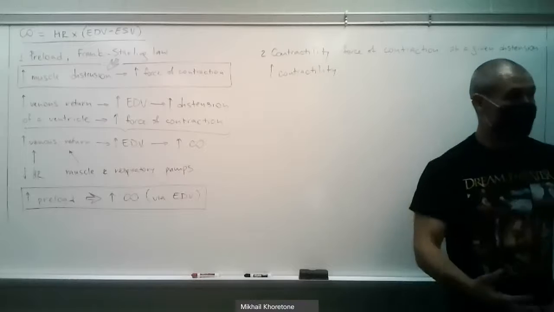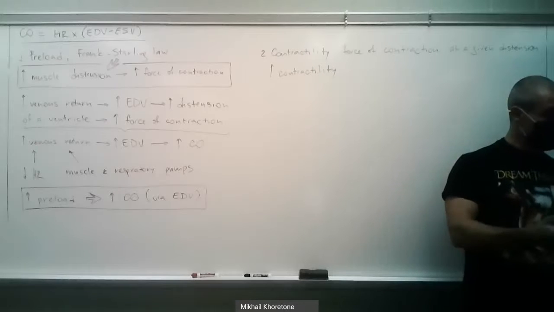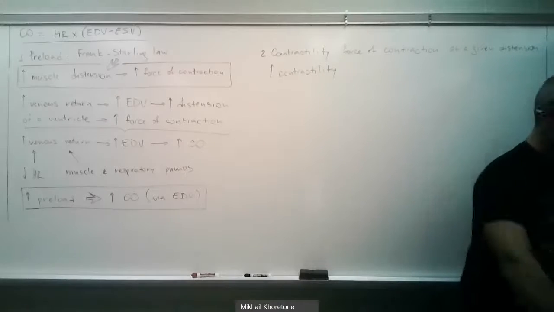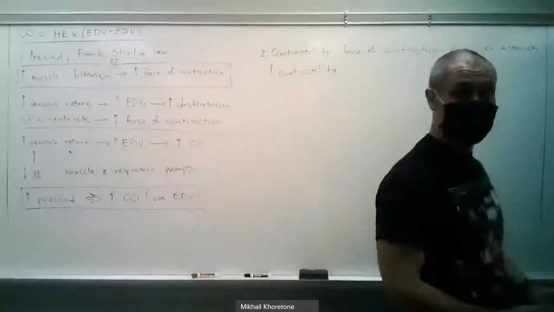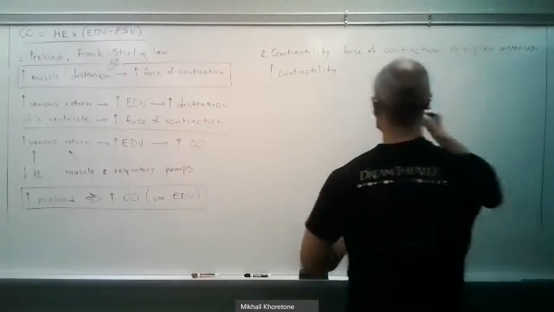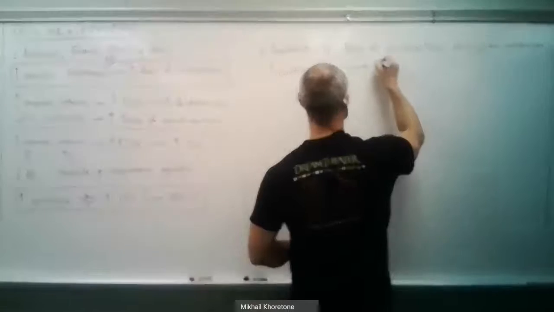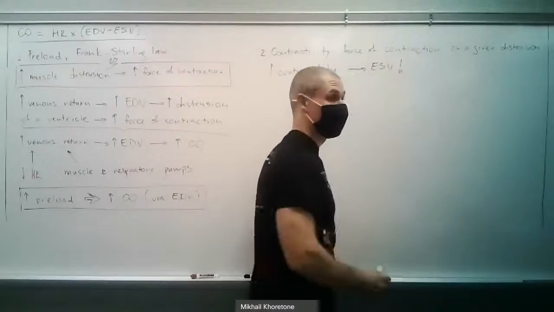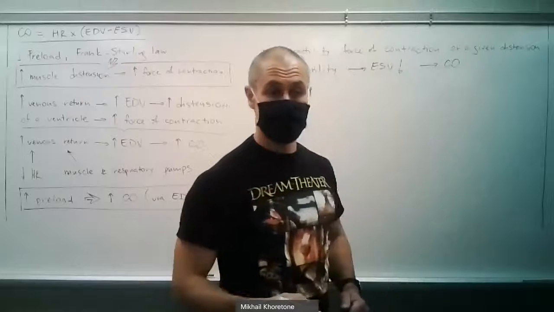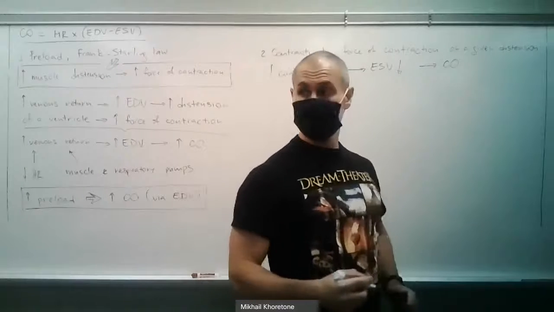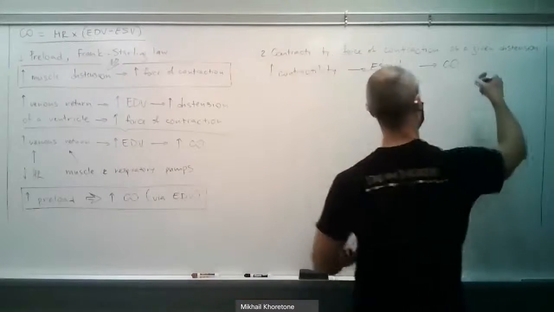You squeeze out more, so the towel contains less. ESV is how much your heart contains at the end of the systole. So ESV is down. And how does it affect cardiac output? Yes, it can go up.